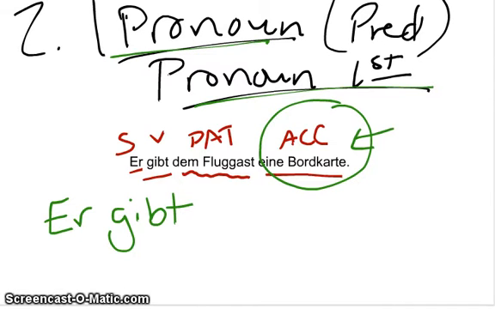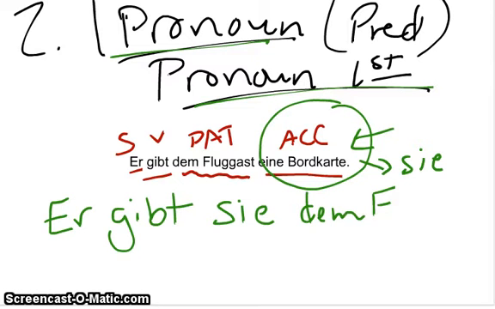So eine Bordkarte is feminine accusative. So this becomes sie. Gibt sie dem Fluggast. It still means he gives the passenger it.